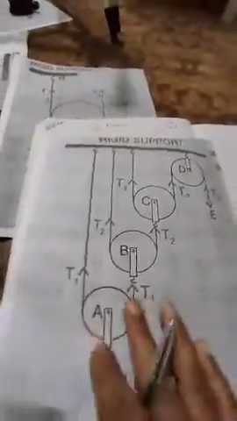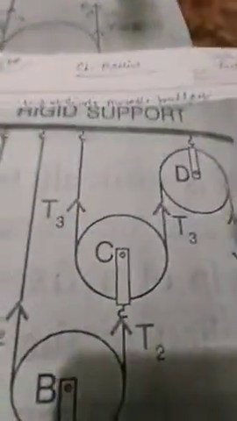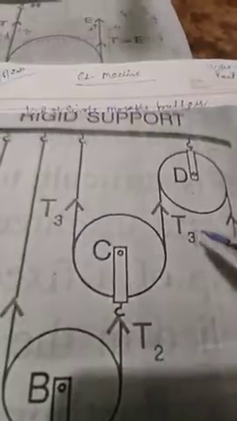Now move to pulley number C. In pulley C, T2 is the load and T2 is balanced by T3 and T3. So again you can write in pulley C, T2 is the load and it is balanced by two tension, that is T3 plus T3.